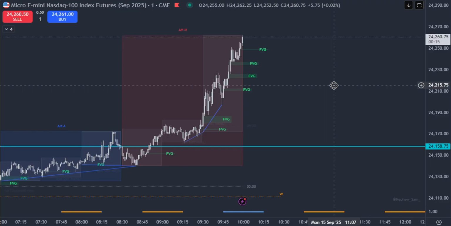That system includes your rule sets, and it's not just, oh, if I see this pattern, you need to understand the higher level. You need to understand what's going on the higher time frame. Once you understand that, you know what you're looking for, and that will allow you to see where the liquidity is at, right? Because the algo only cares about what high, what low is going to go for.